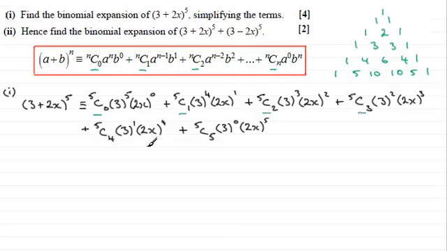So you can see those values coming through, the 1, 5, 10, 10, 5, and 1.